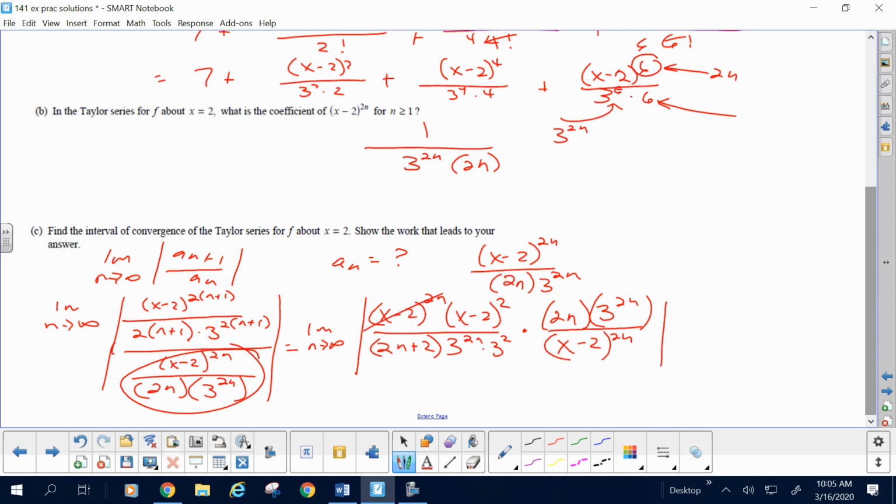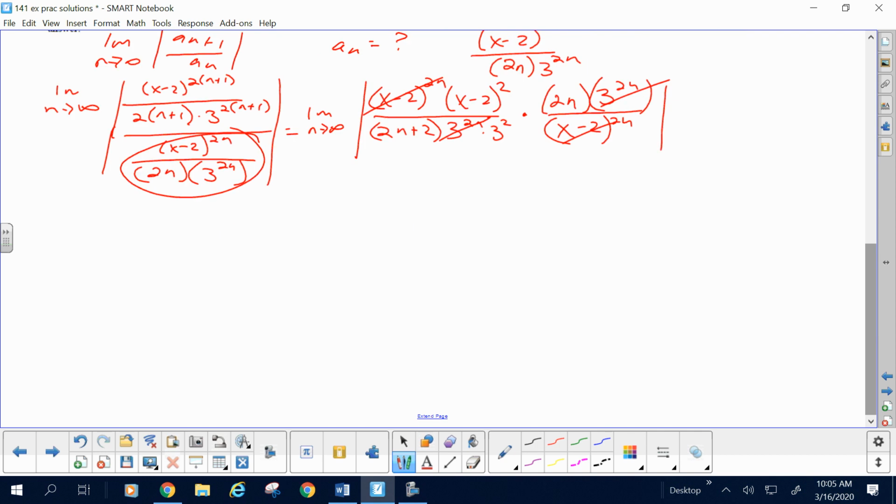Let's do a little bit of cleanup. Let's take a step here. So I'm going to now work down. So I have x minus 2 squared in the top. And as far as these guys, putting them together, 2n over 2n plus 2.